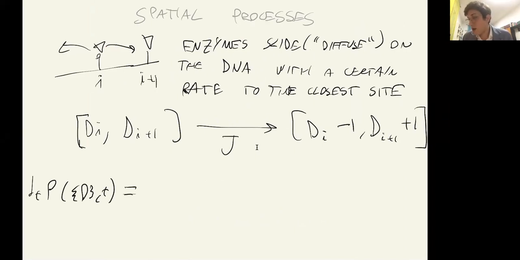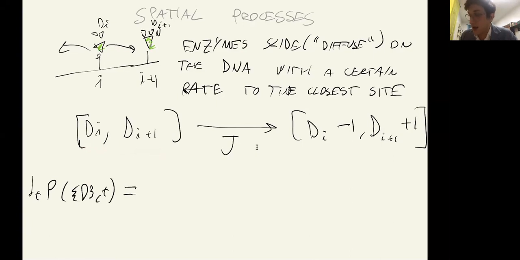Well, let's imagine, of course, these enzymes can jump to the left or to the right. So we can get, for example, for a jump to the right, we go from di to di plus 1. So where this di is, of course, you have di enzymes here and di plus 1 here. And by just one jumping out and going from I to I plus 1, at the end we will get one less at I and one more at position I plus 1.